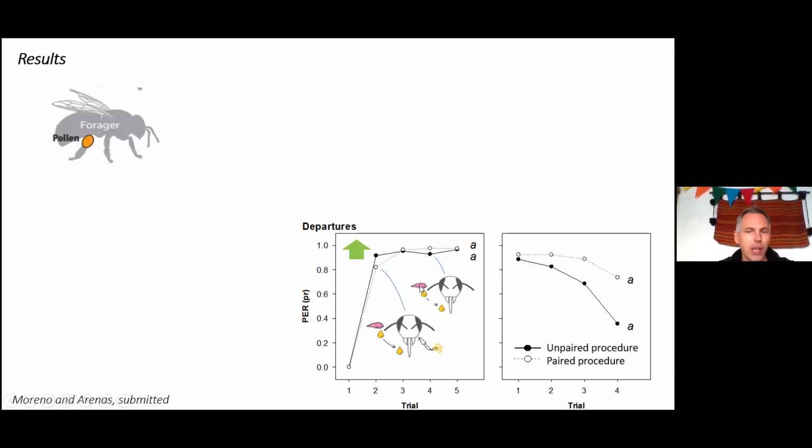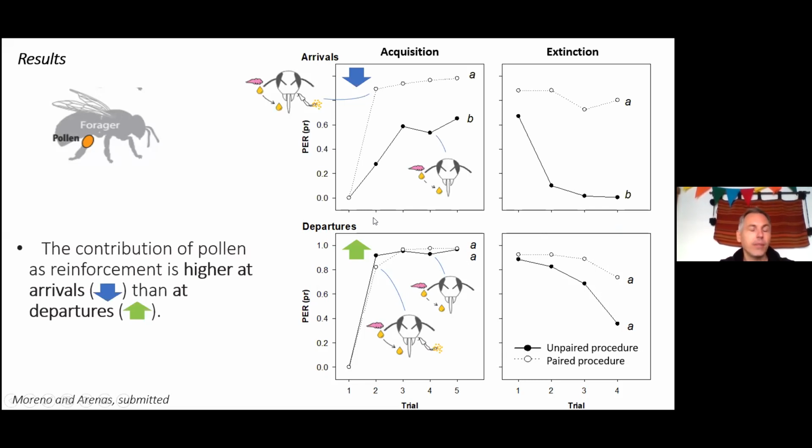Here, those are the black curves. It means that the association was established between the odor and the sucrose alone. Again, the other curves are with pollen. So at departure, there were no differences between the learning established with these two procedures, neither during acquisition nor during the extinction.